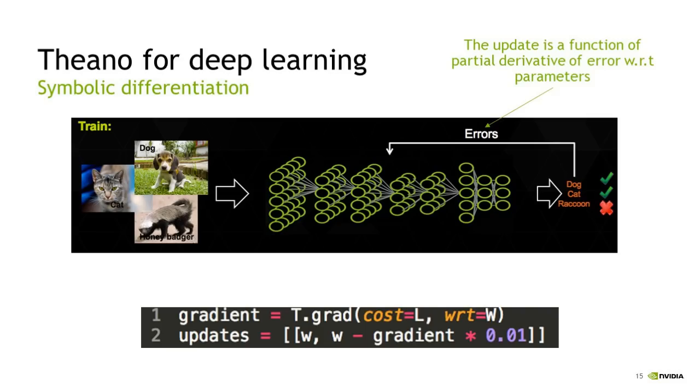And then we can apply an update to our weight matrix W using that derived gradient. So this greatly simplifies implementing complex neural network architectures and adding new loss functions when you don't necessarily know how to analytically derive the gradient.